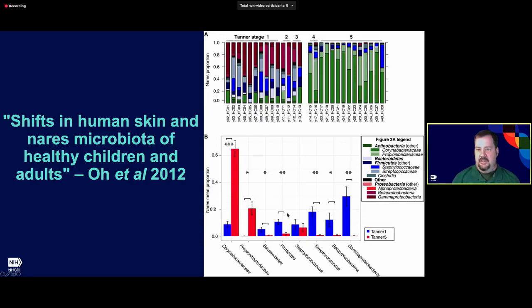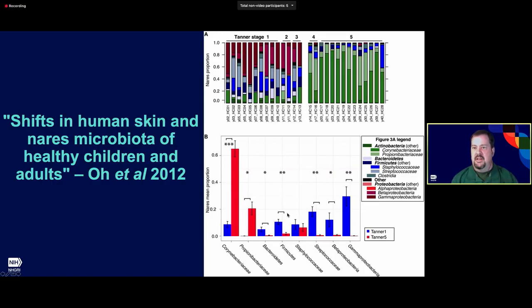A clinician can essentially evaluate what Tanner stage somebody is in. And you can see that there's a very clear demarcation in this top bar chart of the composition of the bacteria inside the nose. That's where these samples came from, going from very young children, and you can see the ages on there, 2 years old, 3 years old, 5, 7, up through older folks.